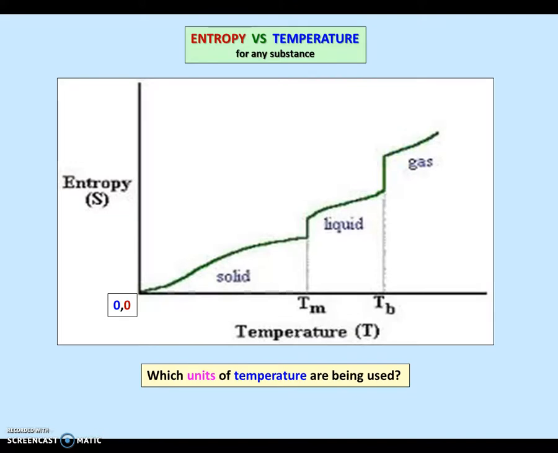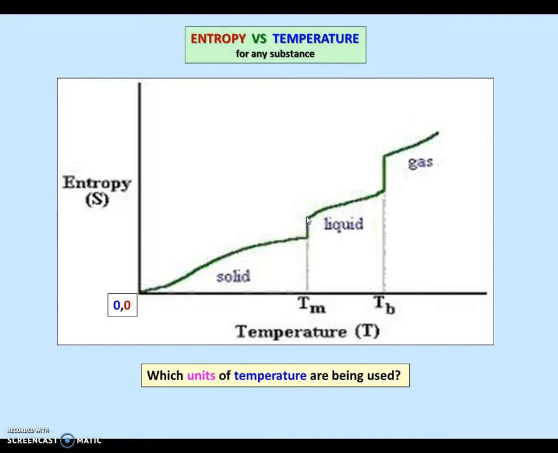You can plot entropy versus temperature on a graph, and this is a typical kind of graph that you may see in an exam question, where it shows that at a temperature of 0 Kelvin you've got 0 entropy, but the entropy gradually increases for a substance until you get to a certain point where it rockets up vertically.